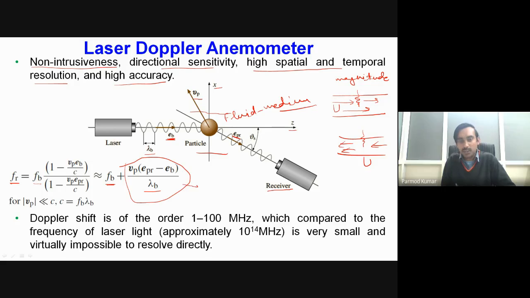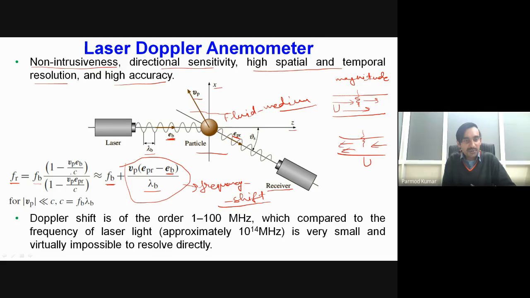This particular term accounts for the frequency shift in the signal, which is proportional to the particle velocity and the difference between the unit vector in the direction from particle to receiver and the direction of the incident beam. This second term represents the frequency shift, and it has a linear dependence on the velocity of the particle.